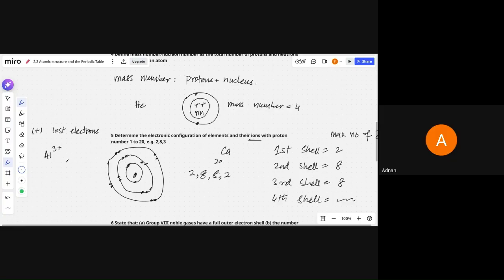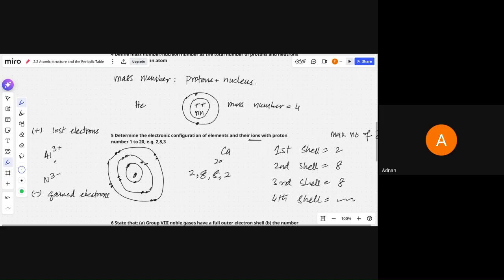And let's say we have a nitrogen atom and we see a charge of 3 negative. If you see a negative charge on an atom, it means that it has gained electrons. And how many? It will also be equal to the charge on that ion. So we see 3 here, it means that nitrogen has gained 3 more electrons.